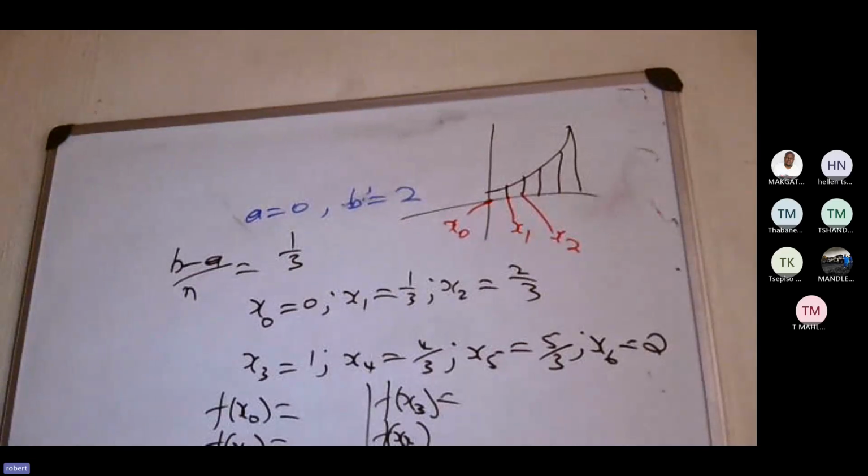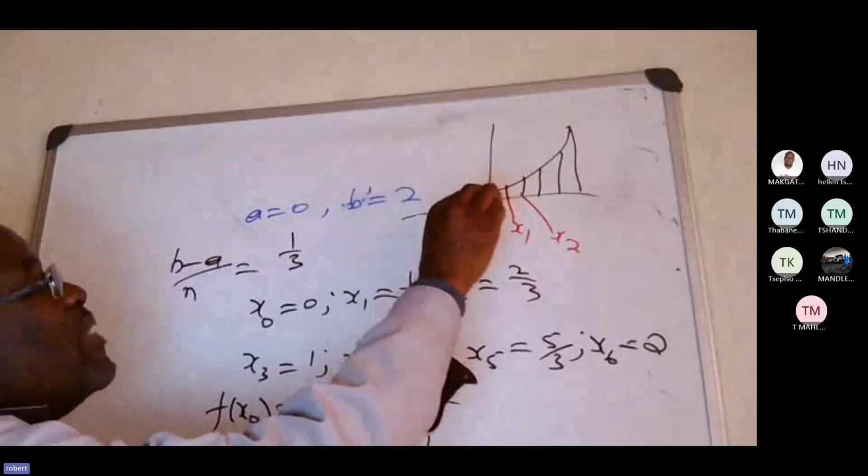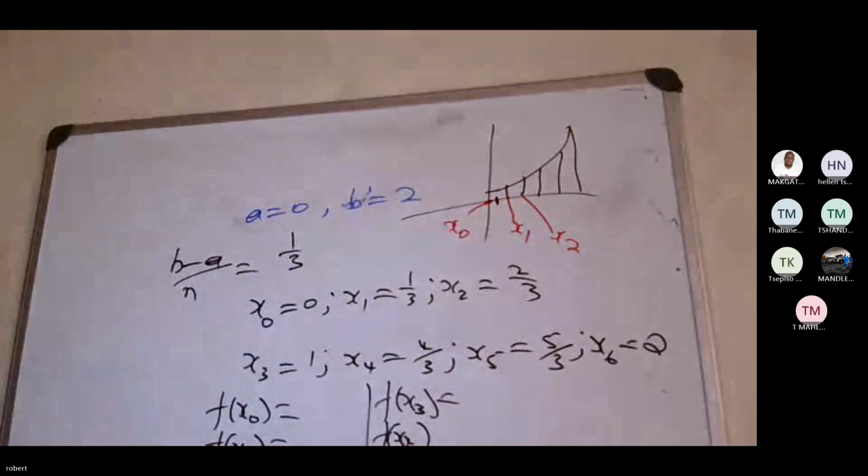This time around, as the name is self-explanatory, mid. So we are now going to use the midpoint here. We are going to use the x in the midpoint of your subintervals.